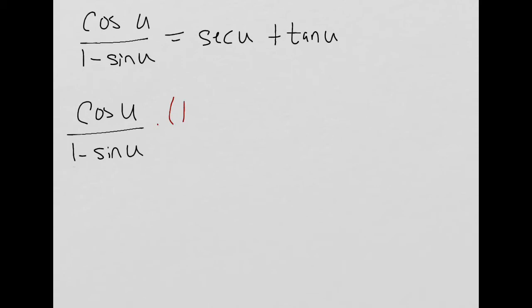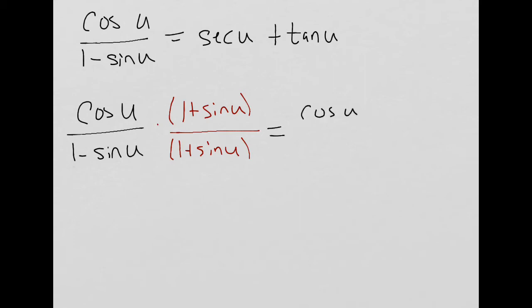So if I multiply by 1 plus sine of u over 1 plus sine of u, I've multiplied by 1, so I haven't changed anything. And I'm going to get cosine of u plus cosine u sine u all over 1 minus sine squared of u.